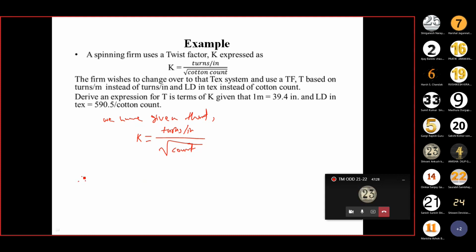Now this turns per inch we have to convert into turns per meter. How will you convert it? Tell me.